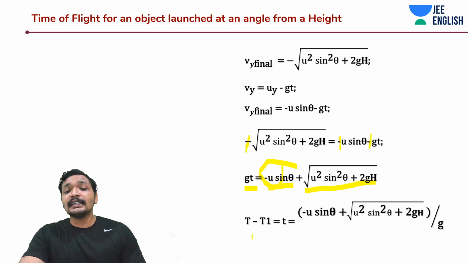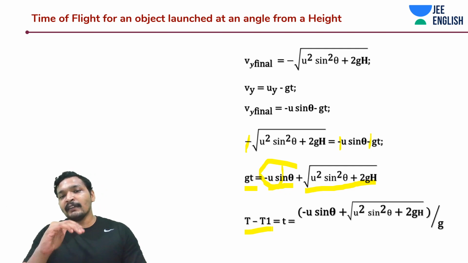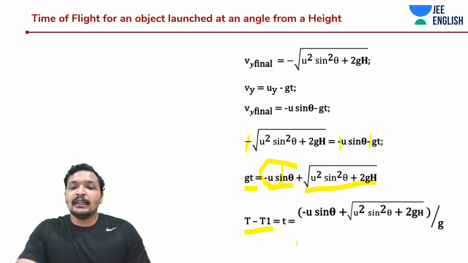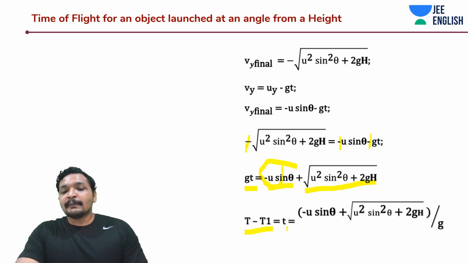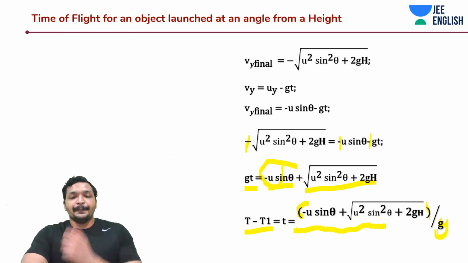And then we know t minus t1, the time for the second part of the projectile motion, that is from the level plane to the ground. That is t minus t1 equal to minus u sine theta plus under root u square sine square theta plus 2gh, and this whole value is divided by gravity. You have basically taken the gravity to the denominator.